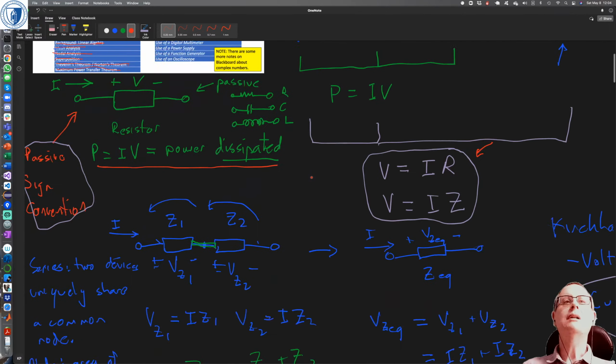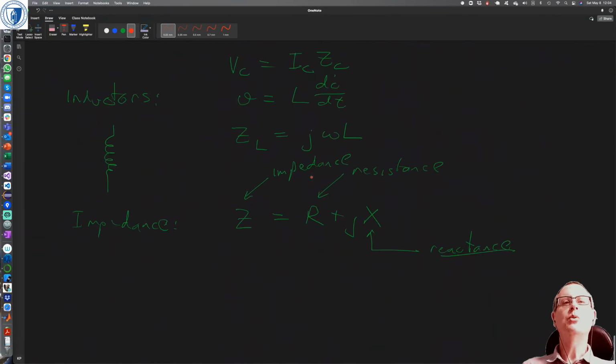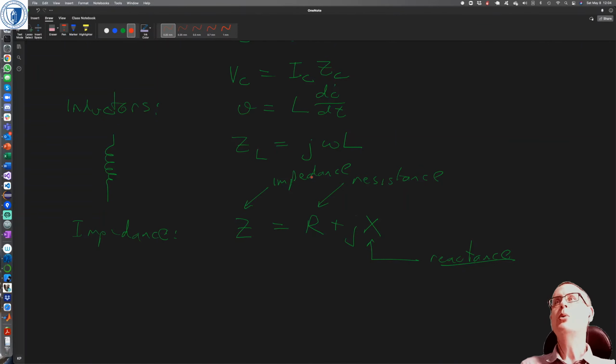Let's talk quickly about transients. The first part of this course worked with resistors and constant voltages and currents.